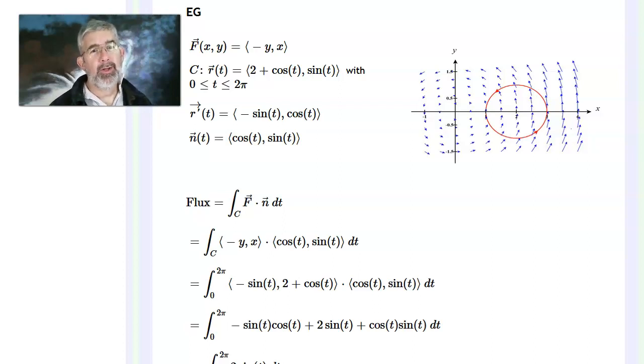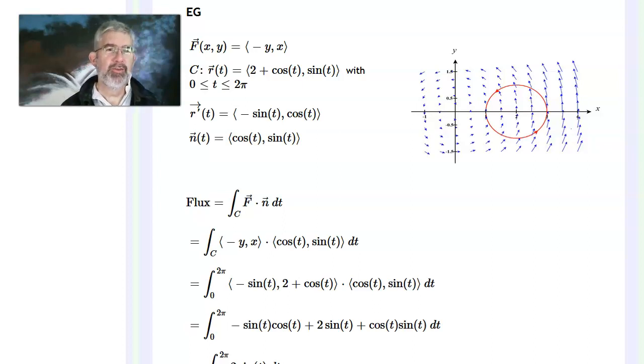And you might say, well, won't that always be the case, that the stuff going in is equal to the stuff going out if you have a closed curve like that? And the answer is no. Again, if you're thinking about a water flowing situation, you might have a drain in here, for instance, and some of the water that's going in never comes out because it goes down the drain. Or you might have a little spigot in there and there's water actually coming out, so you'd have a source.